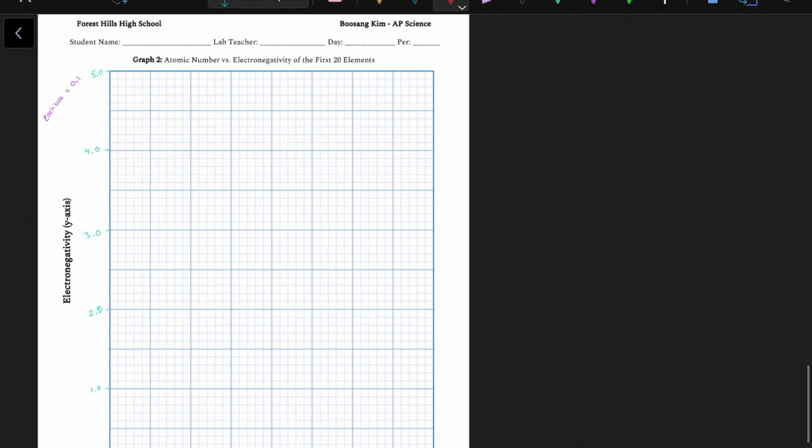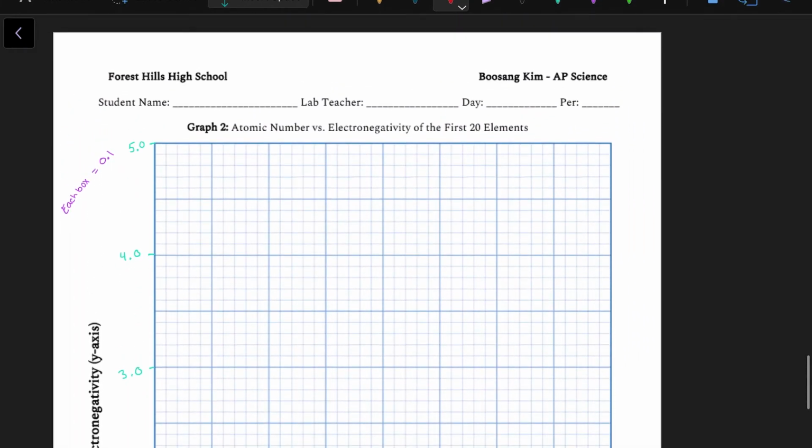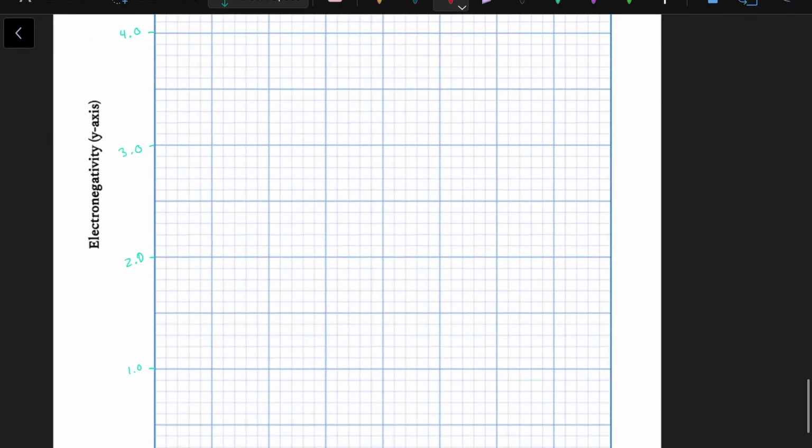Again, the axes will be pre-labeled for you, and your job will be to graph the 19 data points. If we're looking at what we had before, H had that 2.2, and I'm telling you each box is 0.1. So H will be right there, our dot, our letter.